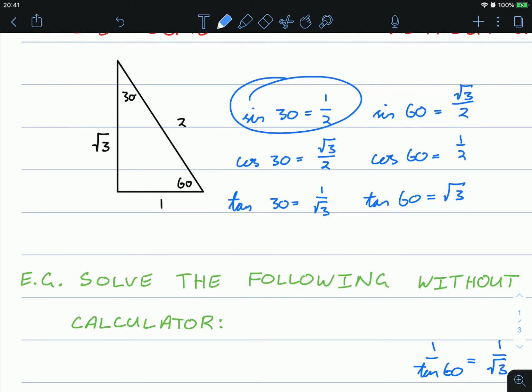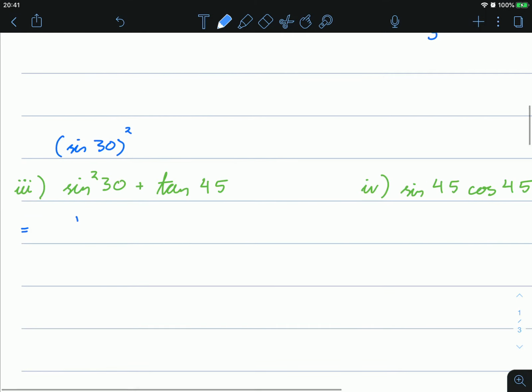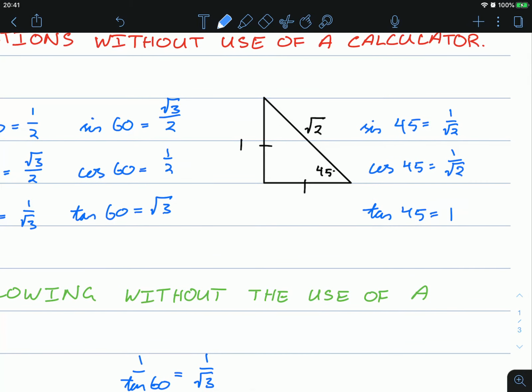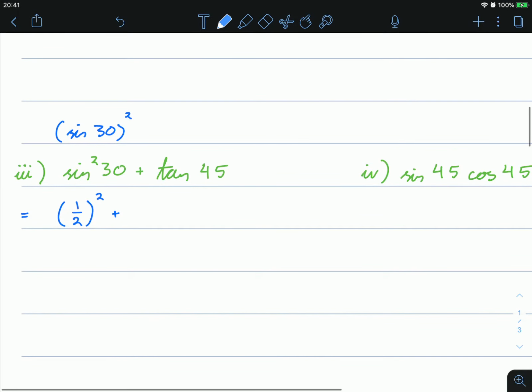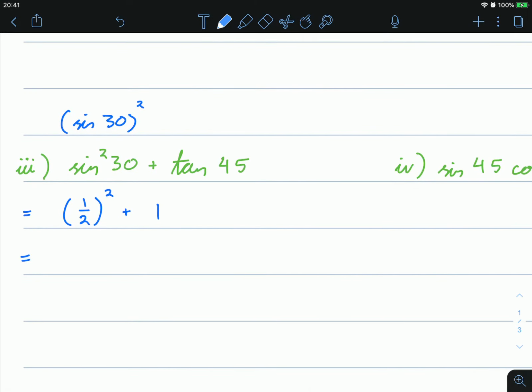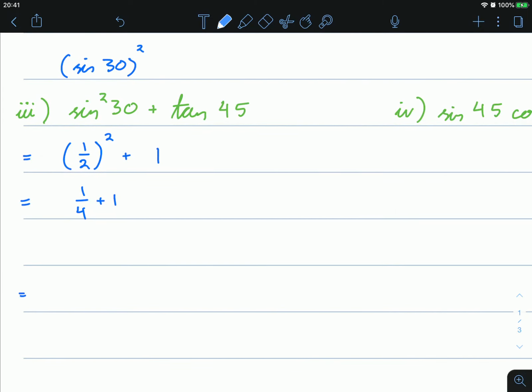Sine of 30 is 1/2, which we will be squaring, plus tan of 45 is 1. Evaluating this, 1/2 squared is 1/4 plus 1, which equals 1 and 1/4, which is going to be 5 on 4.